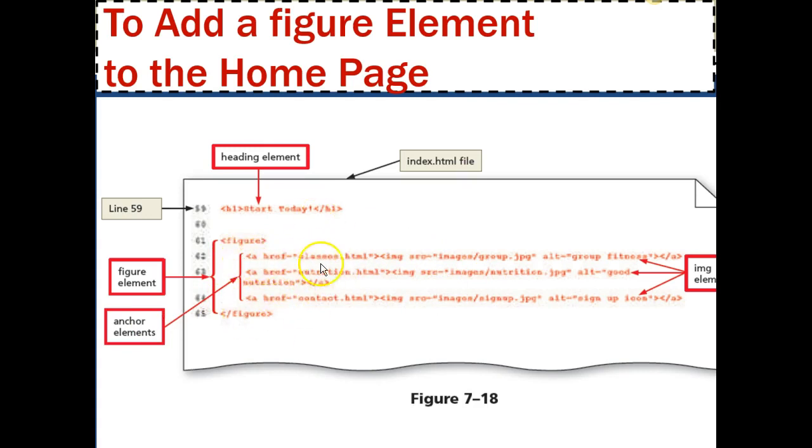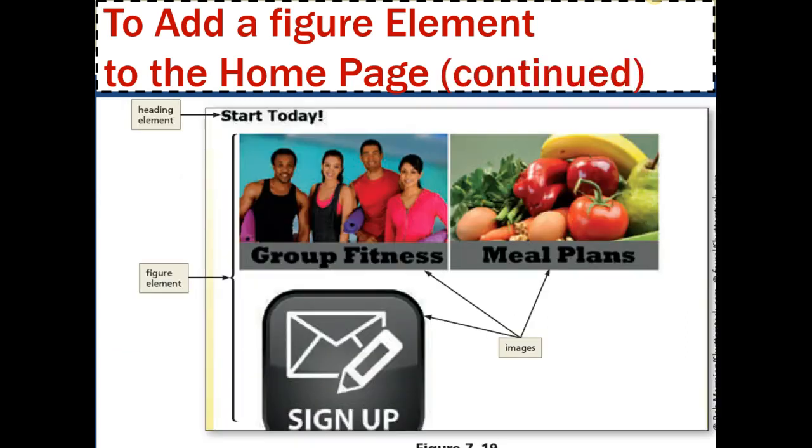So these are the anchor elements that you can use to have a link to your image. And then, of course, you have to close your figure elements. And then it will look like this. So again, this is your heading element and this is your figure element. And these are the images that you put in.